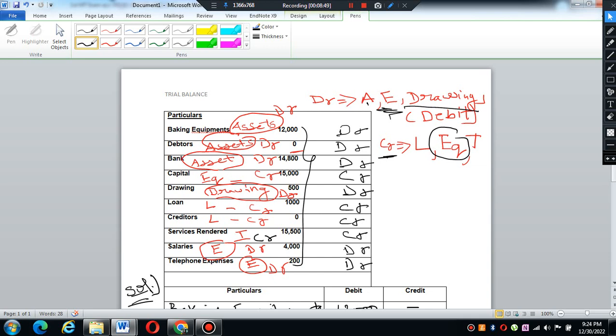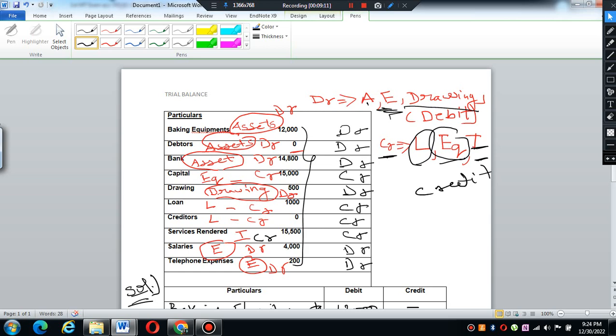On the debit side you will write assets, expenses and drawings. Liabilities, equity and income will be written on the credit side.